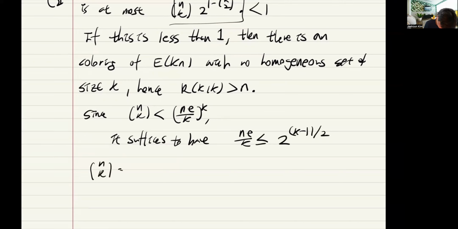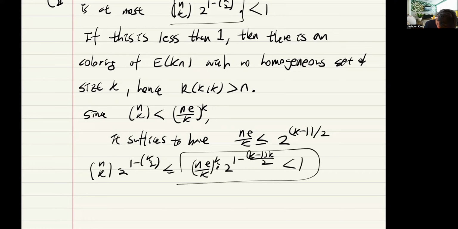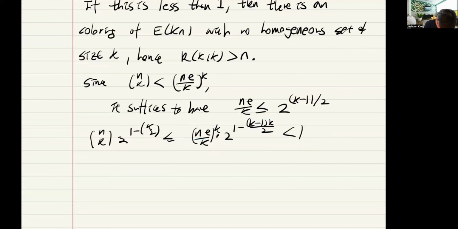So n choose k times 2 to the 1 minus k choose 2 is at most (en over k) to the k times 2 to the 1 minus (k minus 1) times k over 2. In order for this to be smaller than 1, if en over k times 2 to the negative (k minus 1) over 2 is at most 1, then this implies this.